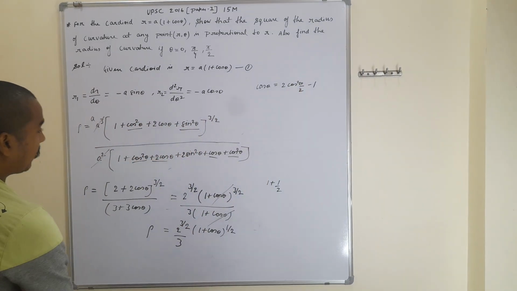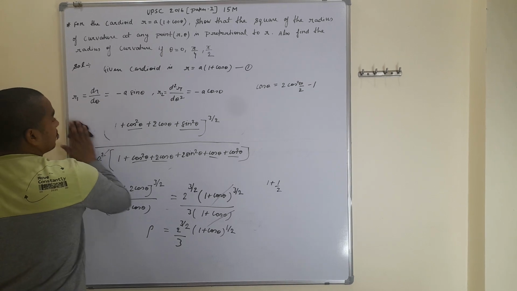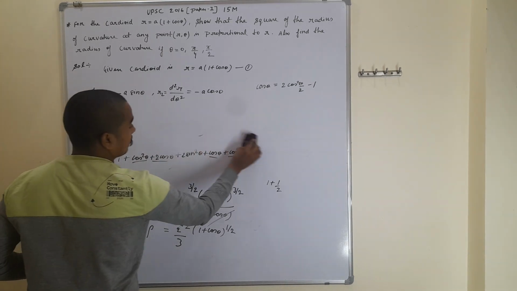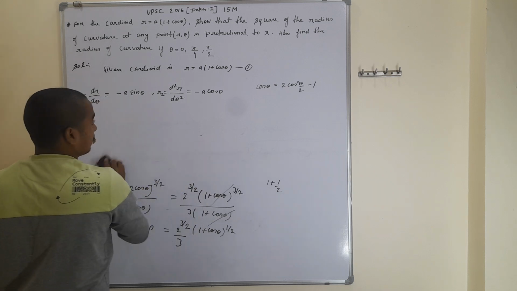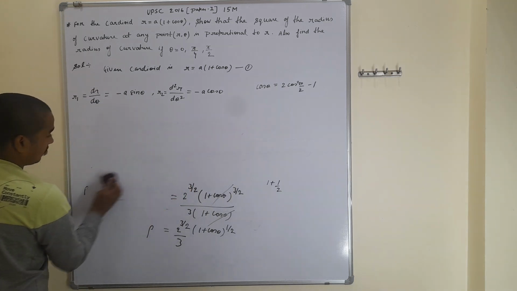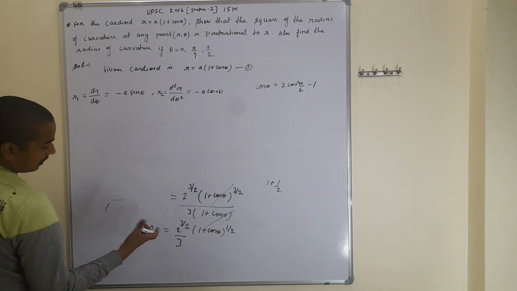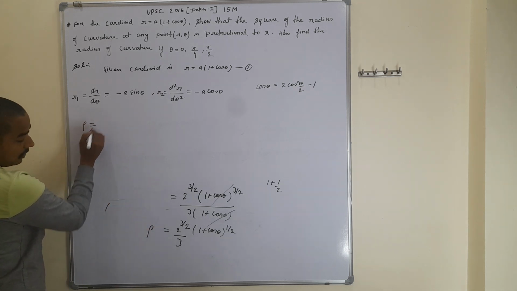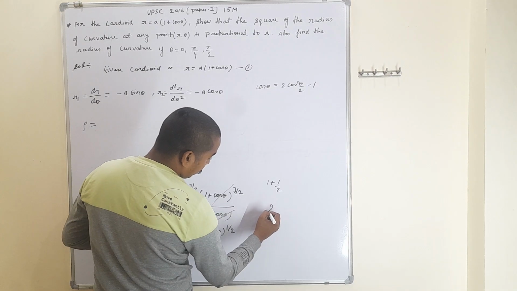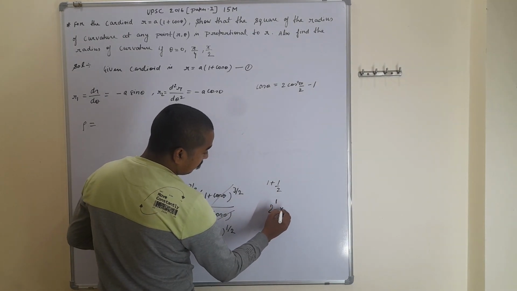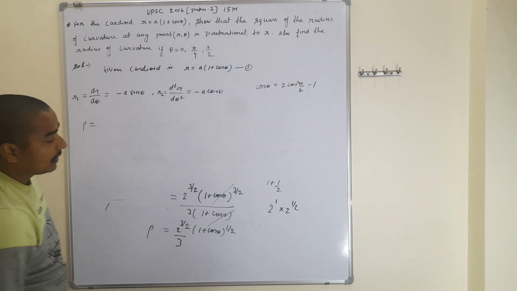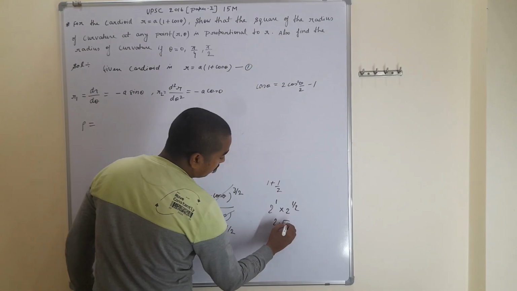Putting here once again, rho is equal to 2 power 3 by 2, written as 2 power 1 into 2 power 1 by 2, that is 2 power 3 by 2, and this is written as 2 root 2.